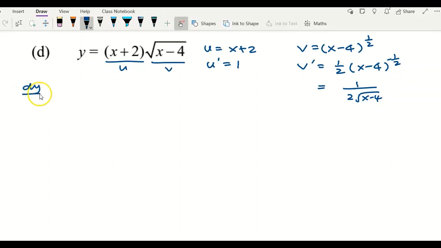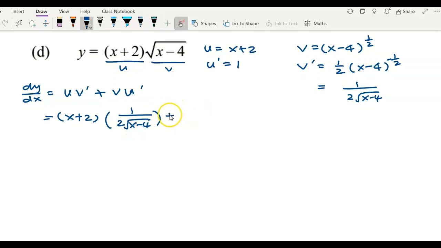Okay, so you can write it down as 1 over 2 square root of x minus 4. All right, so get your dy/dx by applying the product rule. u v prime plus v u prime, which you're taking the u, x plus 2, multiplied by the v prime, which is 1 over 2 square root of x minus 4, plus v u prime, taking the square root of x minus 4 multiplied by the u prime, which is equivalent to 1.